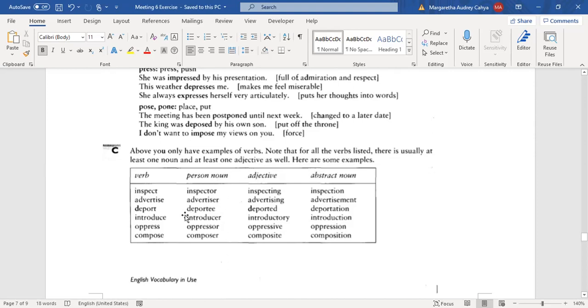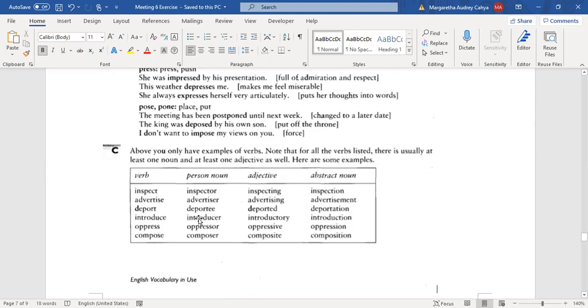Most of the time. There's even a deportee. There is also employee, right? Employer, employee. Employer itu kan orang yang bosnya ya. Employee itu pekerjaan, right? And then oppressor, composer, introducer, advertiser, blah, blah, blah.